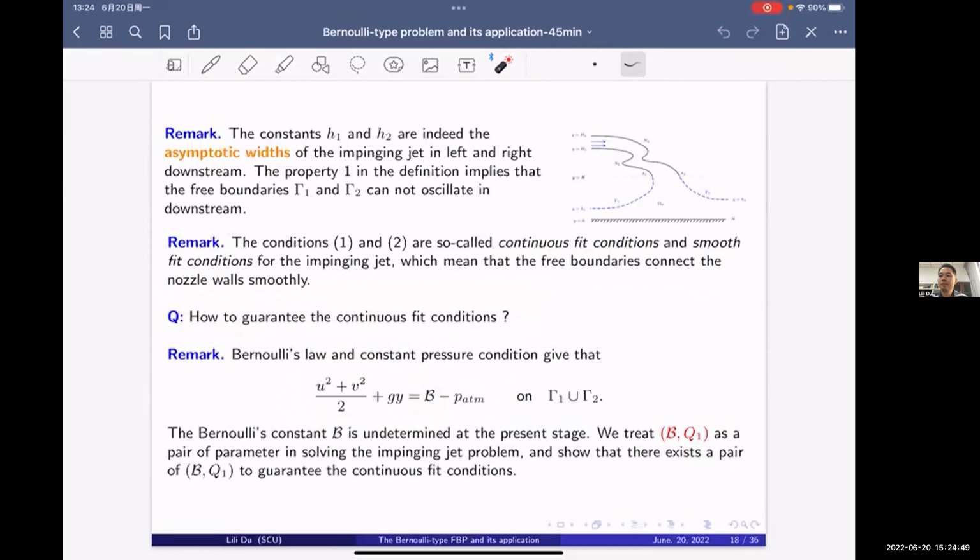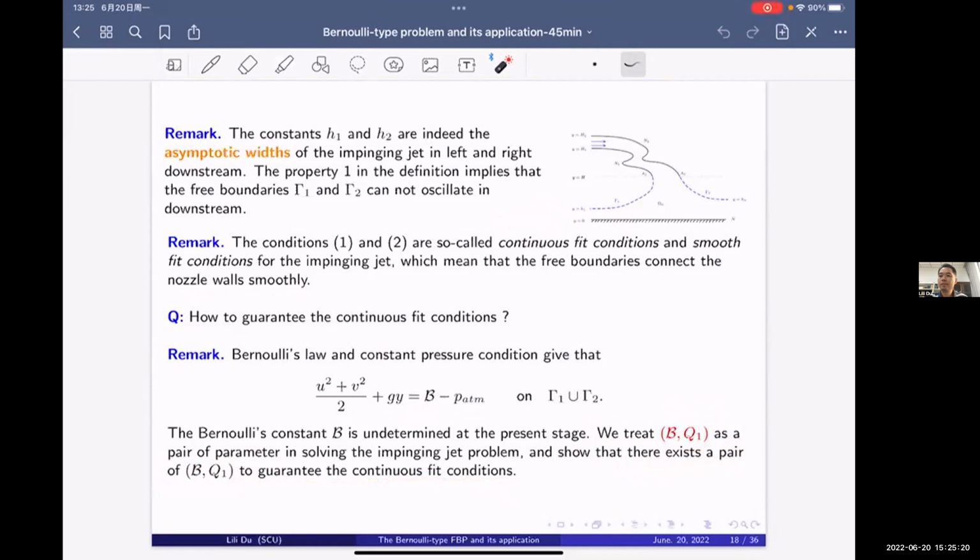So we can treat two parameters, the Bernoulli constant and the influent flux in the right or left downstream, as a pair of parameters in solving the impinging jet problem, and show that there is a pair of parameters (B, Q1) to guarantee the continuous fit conditions.